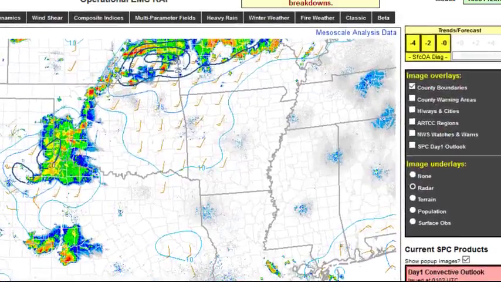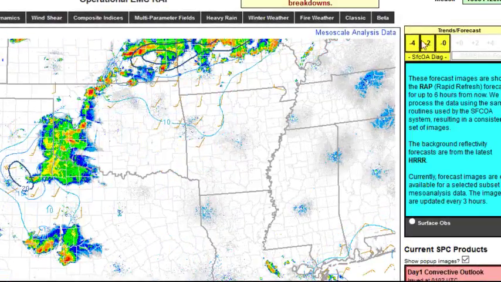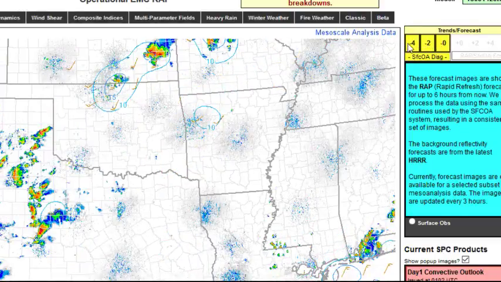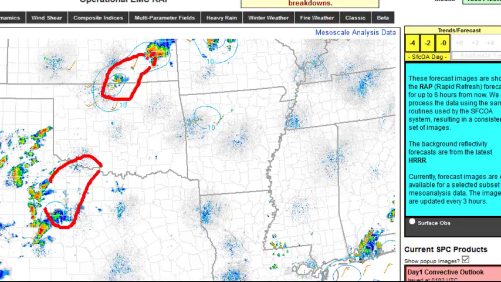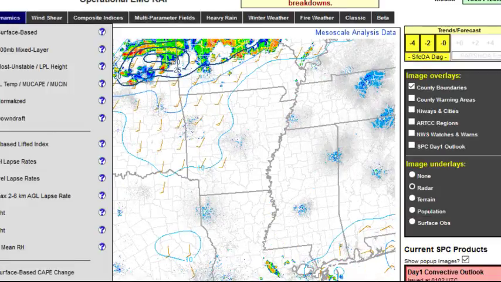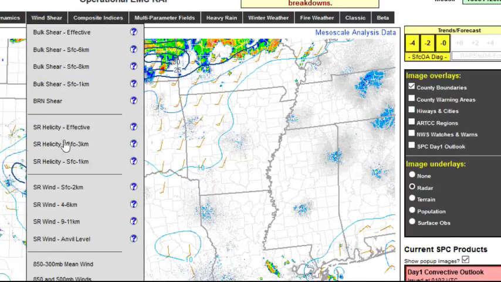However, they've got a little panel here that I believe lets you go back, so you can get a look at the environment before storms developed. And it looks like about 4 hours ago, most of the values were on the low side. And these right here in Kansas, it looks like those are clustered around the existing cells, so that may be a little bit of convective feedback there. Overall, the wind environment looks pretty weak.